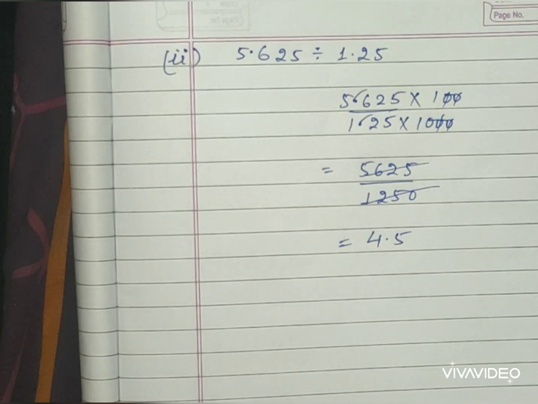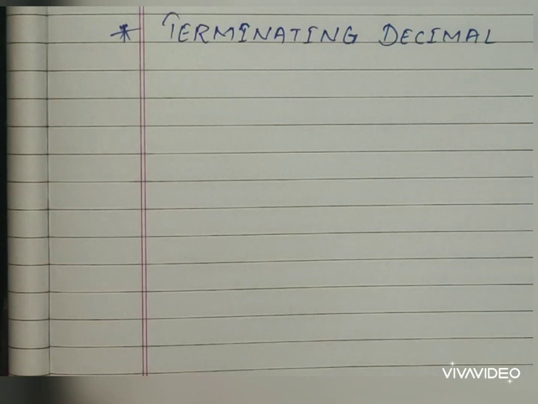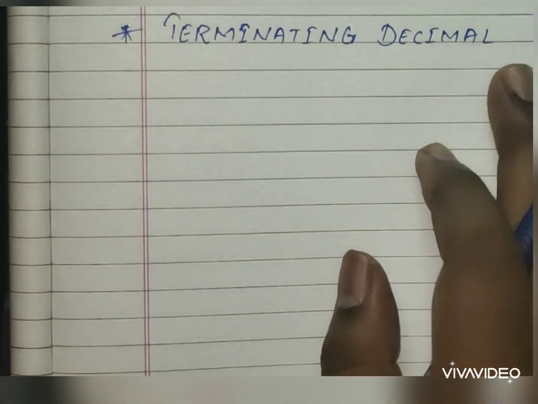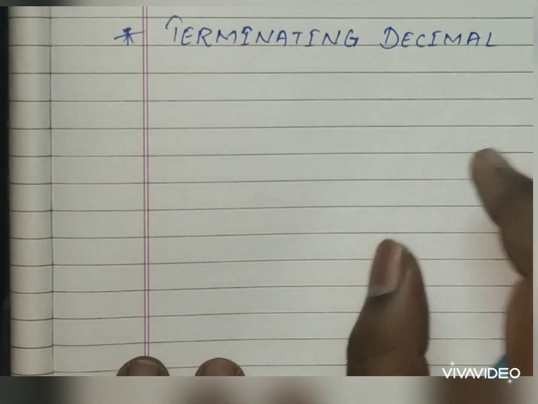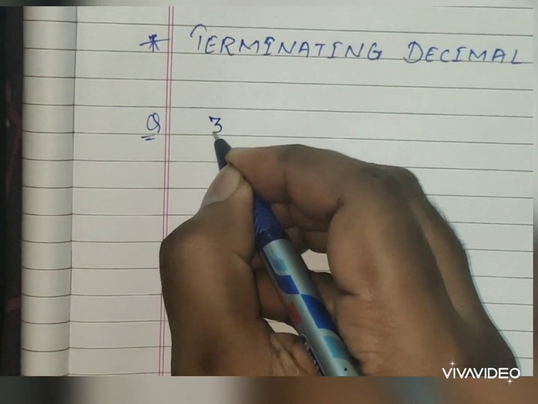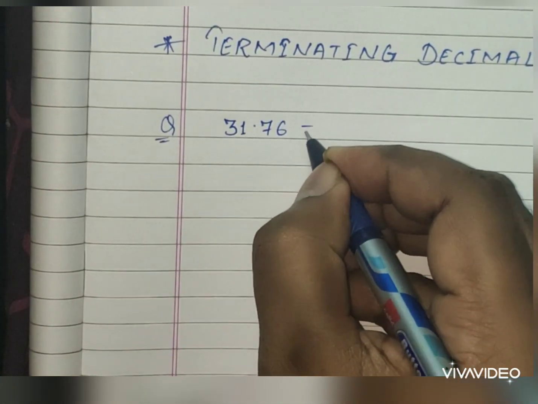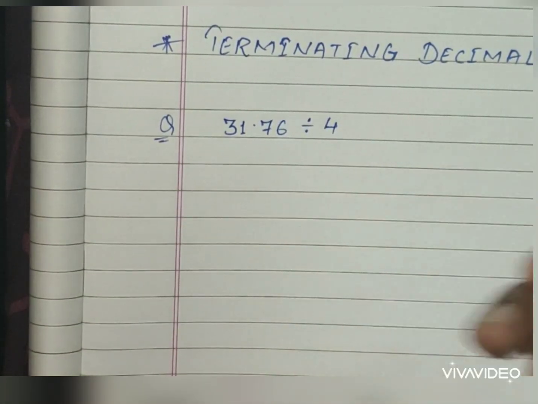Okay, now let's move on to the next topic. Now our next topic is terminating decimal. What do you mean by terminating decimal? Suppose a question is given: 31.76 divided by 4.